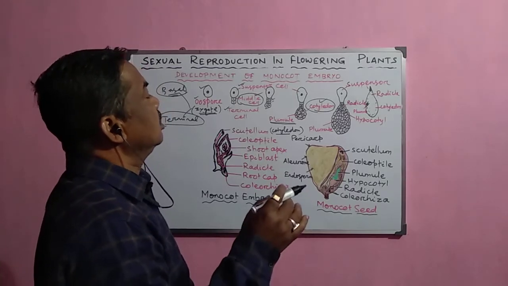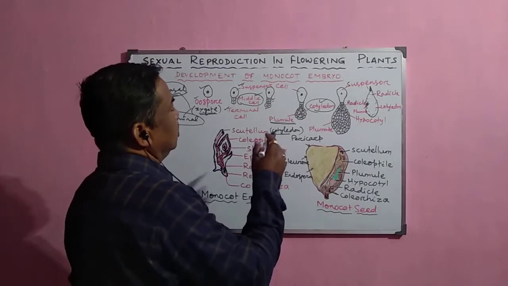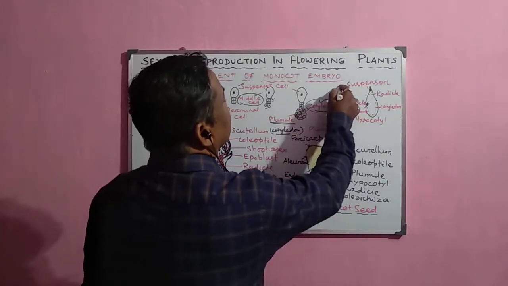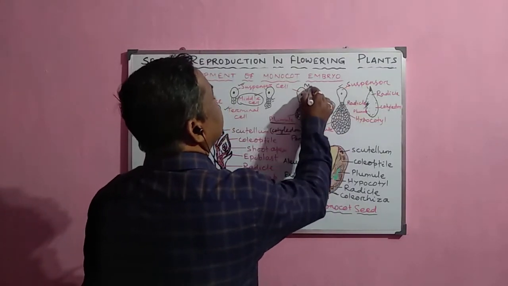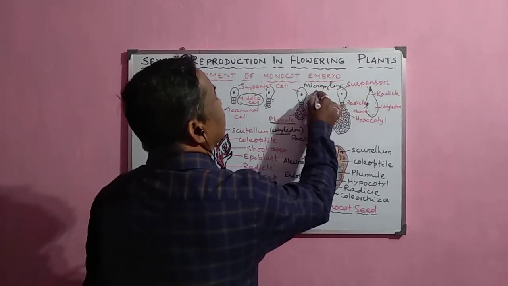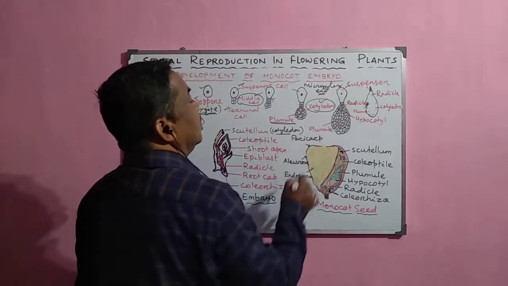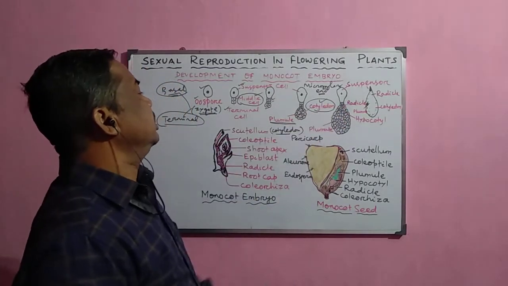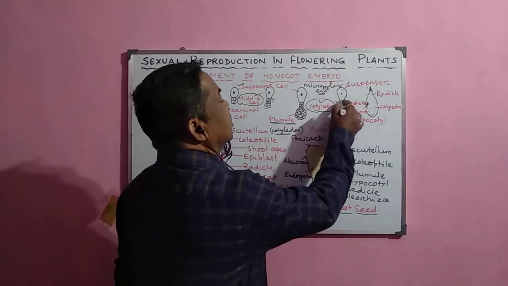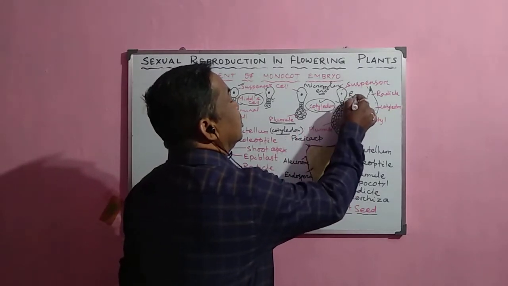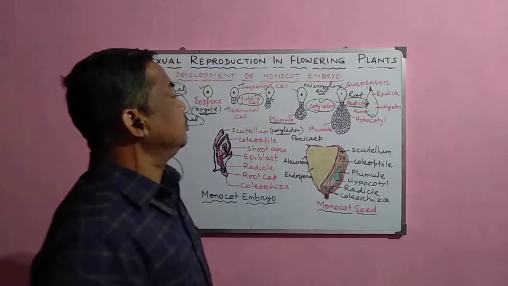Next, the suspensor cell remains towards the micropylar end, and the middle cell, which divides and redivides, forms the radicle, which later develops into the root.